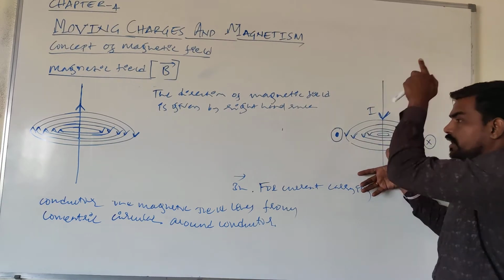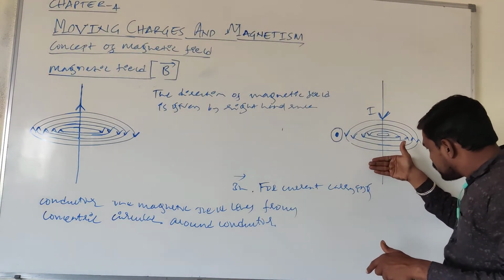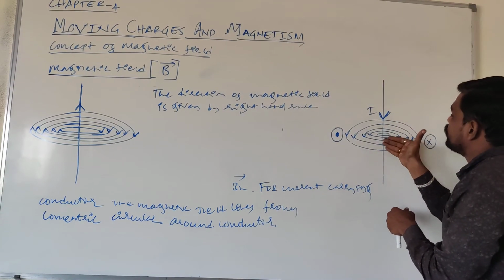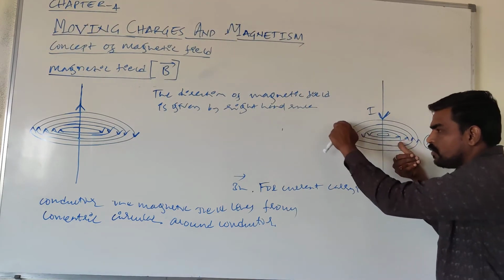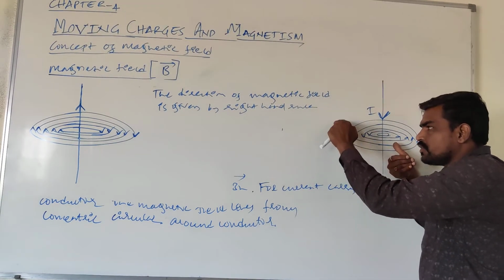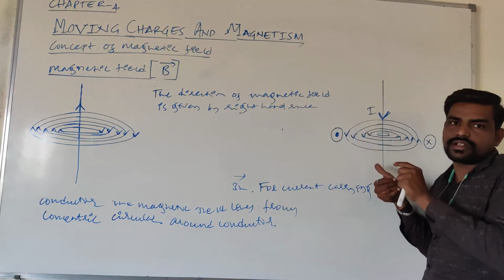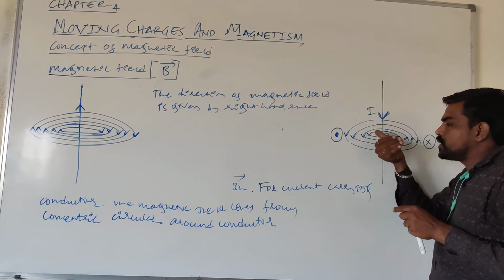This is the current, right? Our magnetic field was coming out around the current like this. Now if they are coming out, we make the direction what? Dot in a circle, coming out of this board.